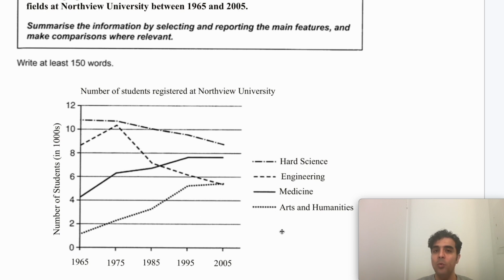If you're going to write one paragraph describing both students enrolled in medicine and those enrolled in arts and humanities, how would you summarize it in only 2 to 3 sentences? A few tips. Whenever you're dealing with interval data, like what you can see here, focus on the starting point.